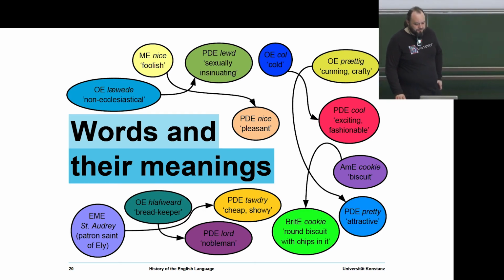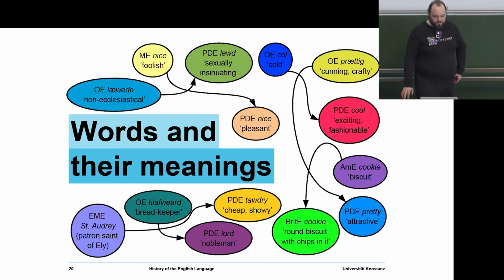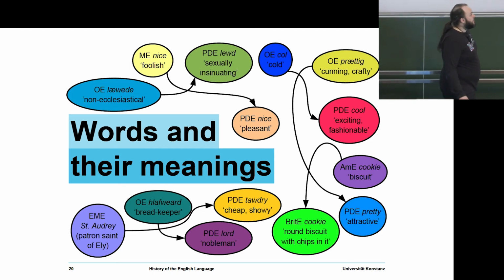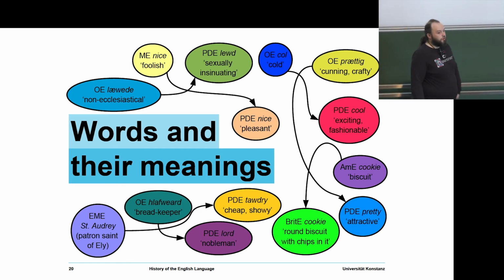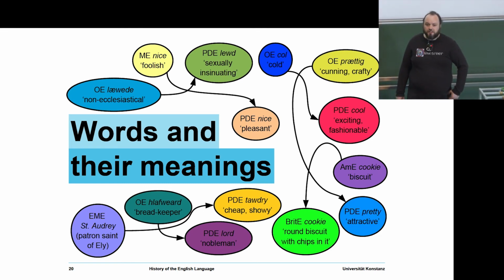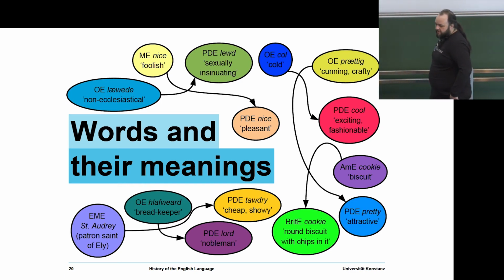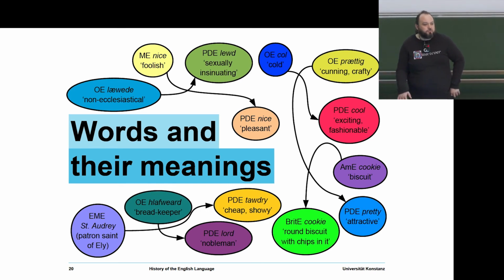Similarly, one of the best examples in general is something in Old English. We've got the word cold, meaning cool or cold, but cold in the actual temperature sense. And in present-day English, this still means cold, but it also means this is good or exciting or fashionable or whatever.